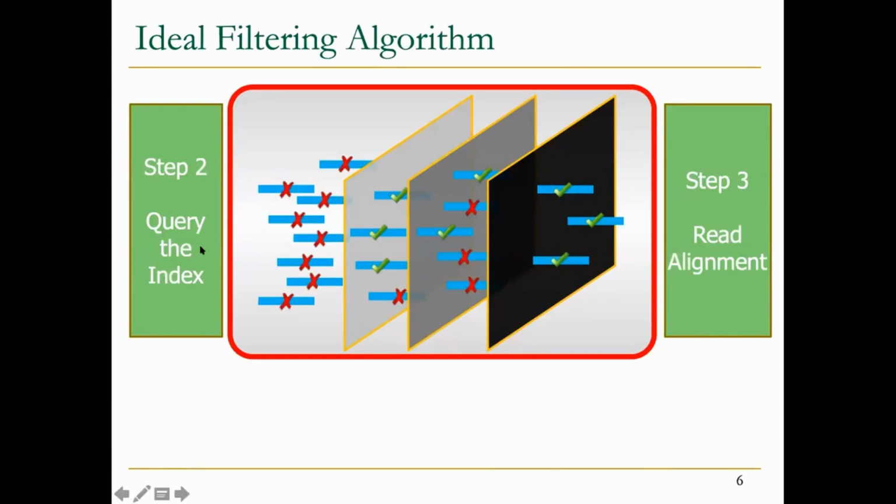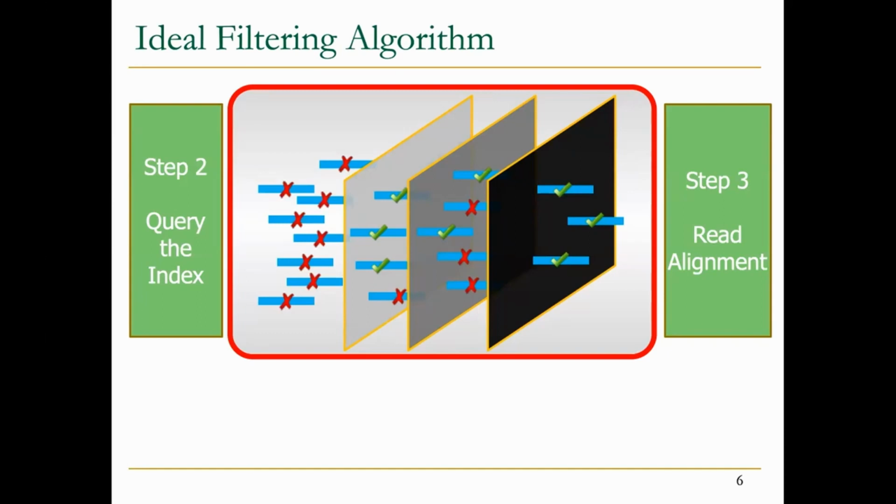So we changed read mapping in a way that after you find the match or the seed hits using the hash table or the index you favor, then we add the pre-alignment filter. The pre-alignment filter will take two sequences, or can operate over the seeds themselves, and try to figure out whether this location that you detect in the reference genome might lead to a good mapping or a good alignment or not.